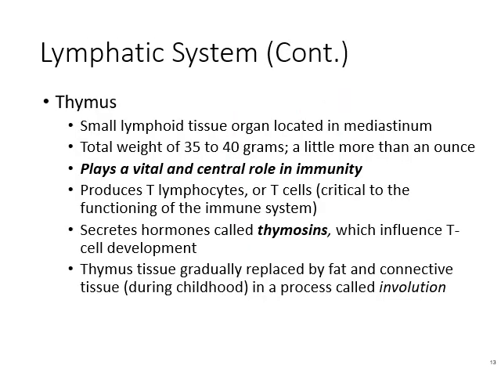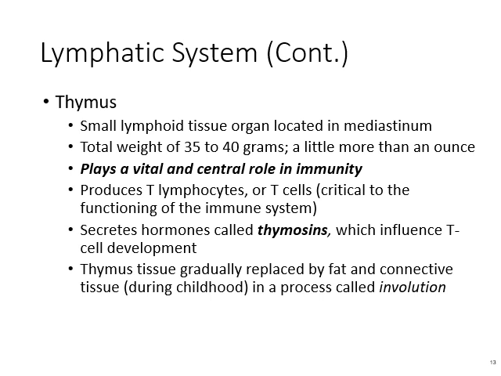One of the organs involved in the lymph system is a small lymphoid tissue located in the mediastinum, called the thymus. Its total weight is about 35 to 40 grams, a little more than an ounce. It plays a vital and central role in immunity.